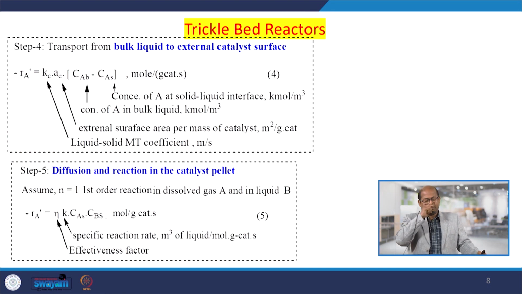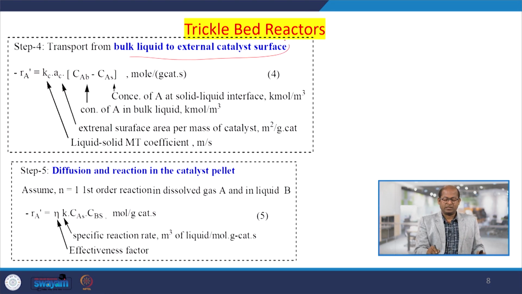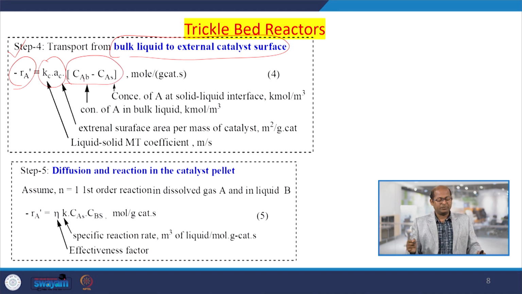Next is the transport from bulk liquid to the catalyst external surface area. Similarly, as we did, here minus R A prime equals K C A C into (C A B minus C A S). The mass transfer going on here is from bulk liquid to the surface of the catalyst.